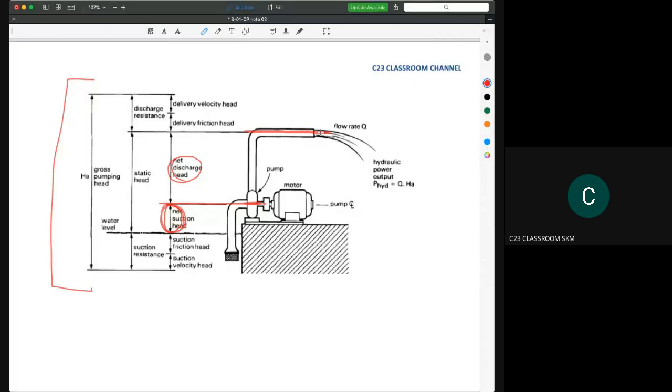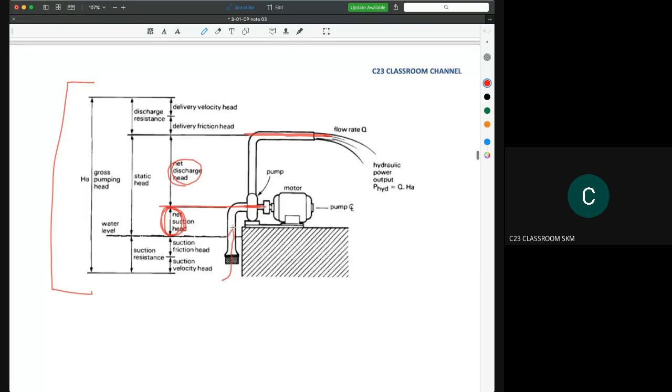And then we know that every time water flows inside a pipe, there are losses. There are major losses, there are minor losses. So to make sure that our calculation is accurate enough to calculate the power of our pump and so on, we must take into account all the friction elements.